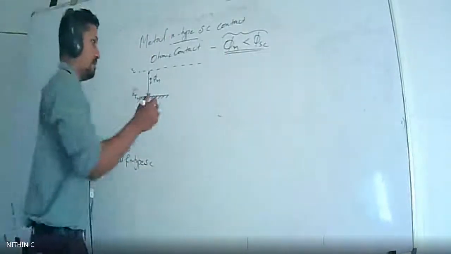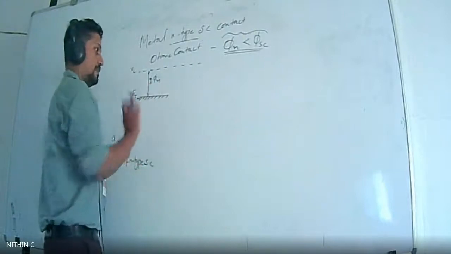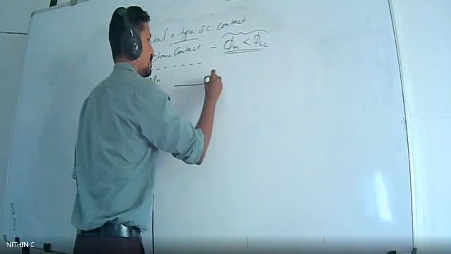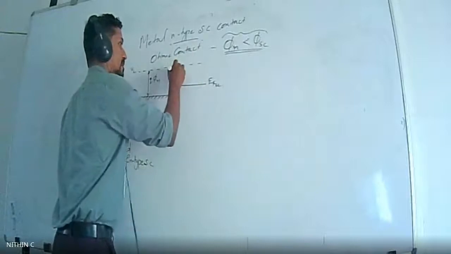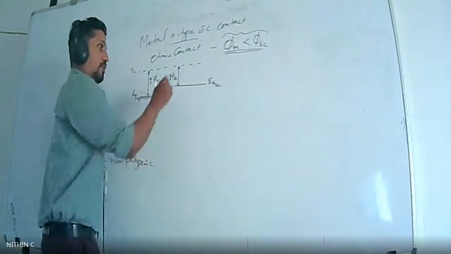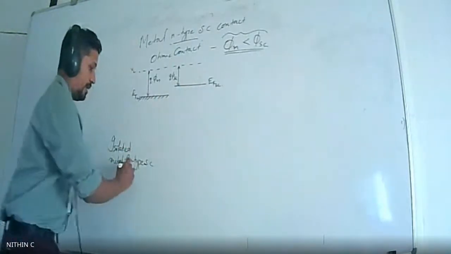So in that case, when we draw the isolated metal and n-type semiconductor, we have drawn the metal. The position of EFSC has to be somewhere around here. Then only this condition will be satisfied. That is Q phi SC. And we know that EFSC should be closer to the conduction band, because we are dealing with an n-type semiconductor.